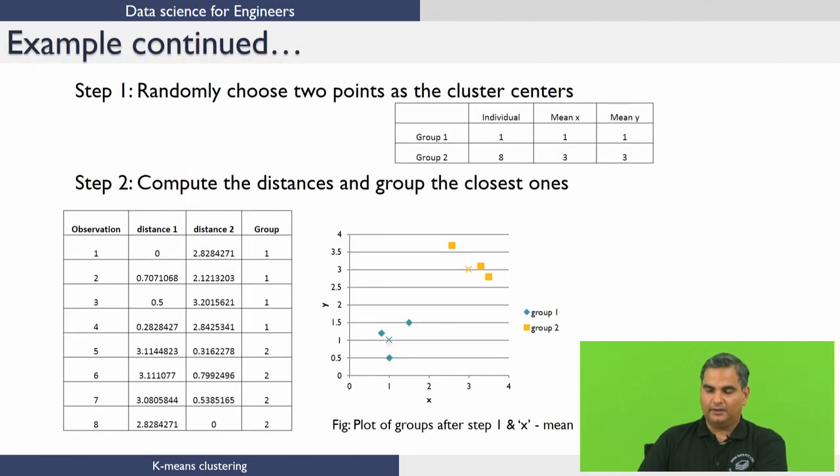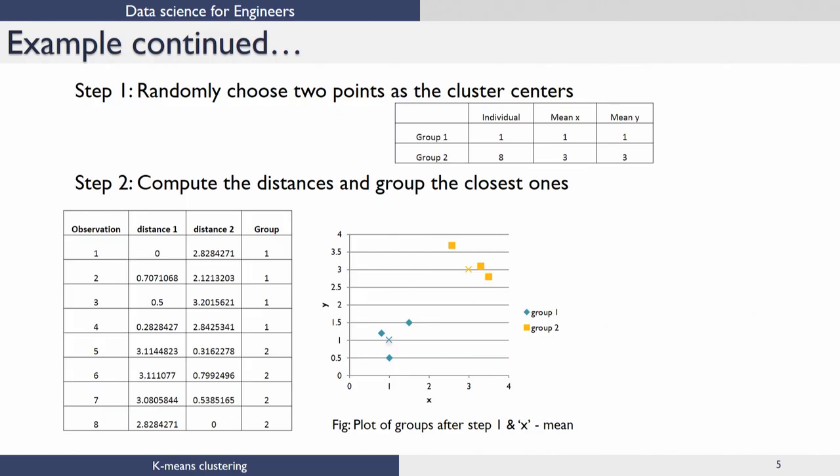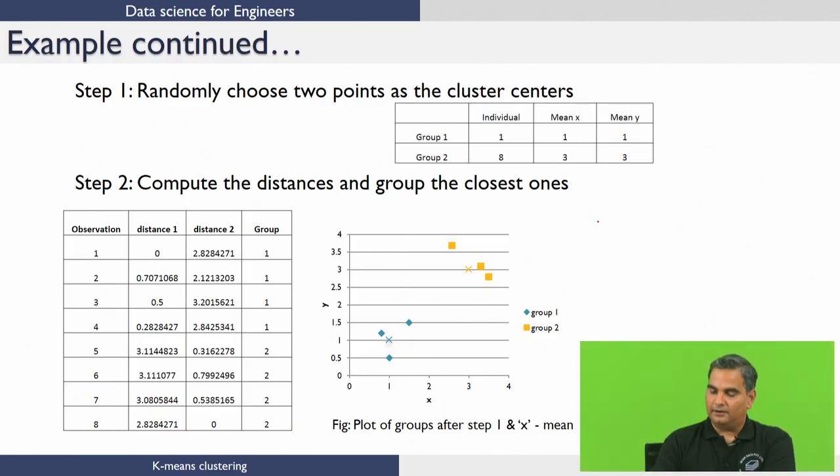So, for example, let us say we randomly choose 2 points as cluster centers. Let us say one point that we have chosen is 1, 1, which would be this point here, and let us assume this is group 1, and for group 2 we choose point 3, 3, which is here.